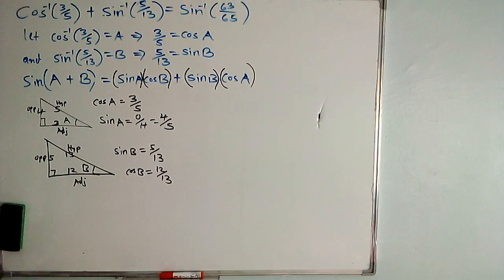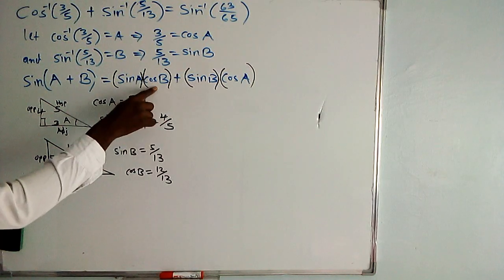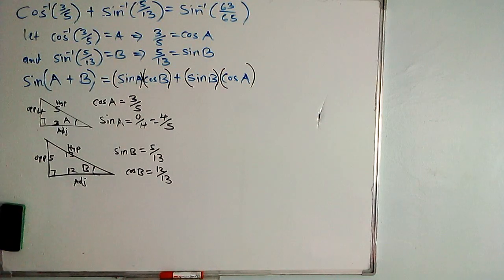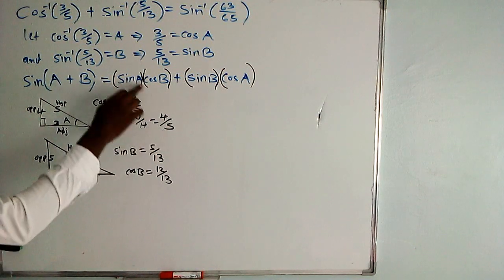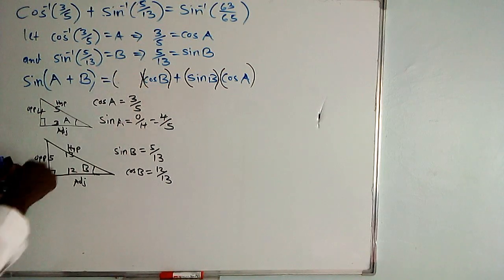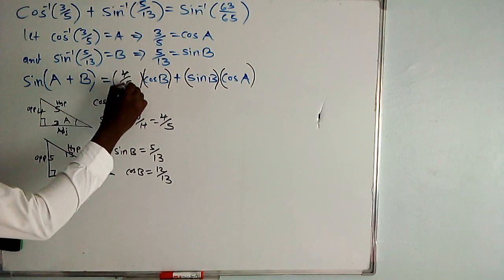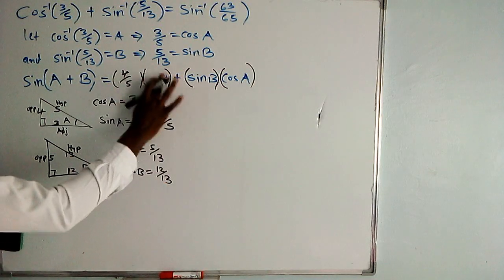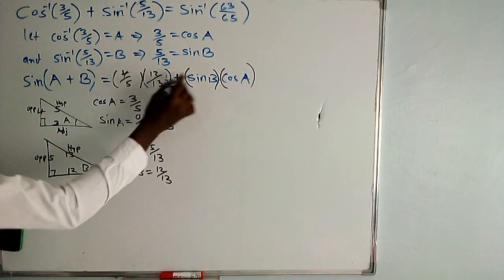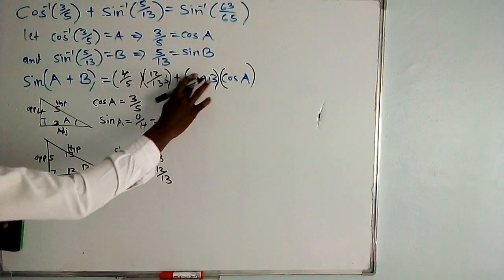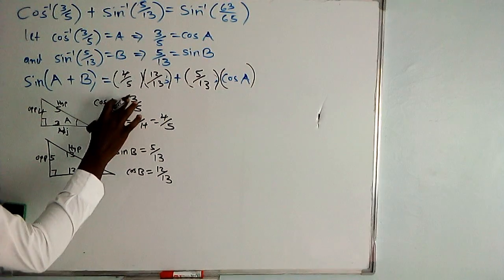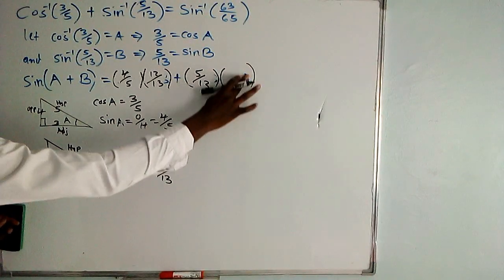So sine (A plus B) is equal to what? Remember, substitute. Where there is sine A, you put the value of sine A: 4 over 5 times cos B, which is 12 over 13, plus sine B, which is 5 over 13, times cos A, which is 3 over 5.